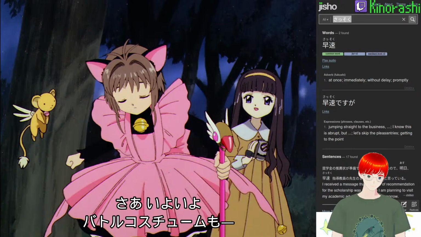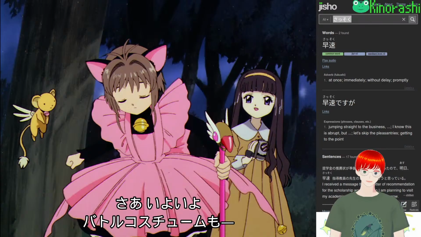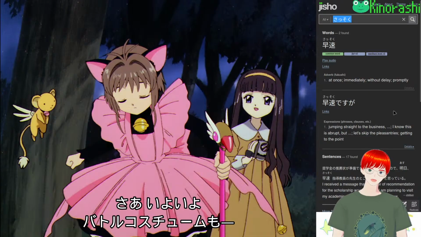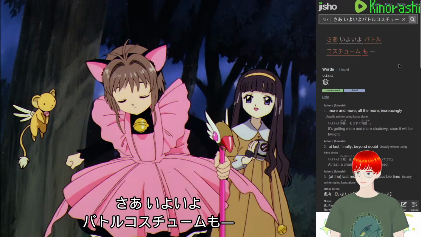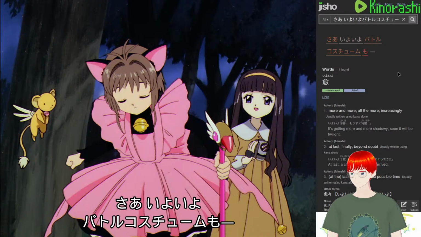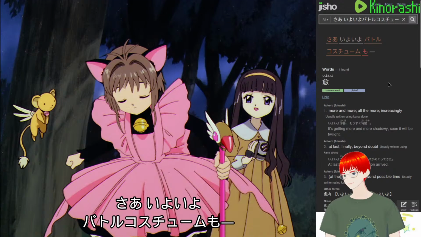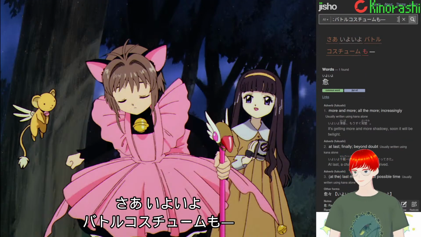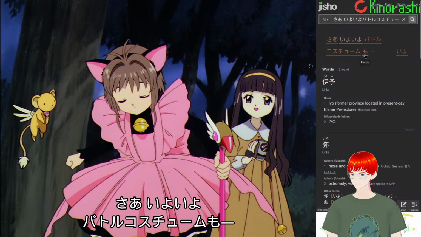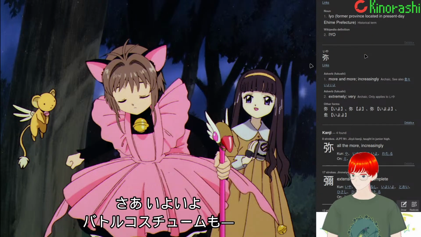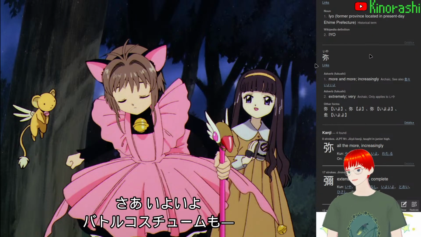いよいよ: more and more, all the more, increasingly, io. Is io a word? Yeah.